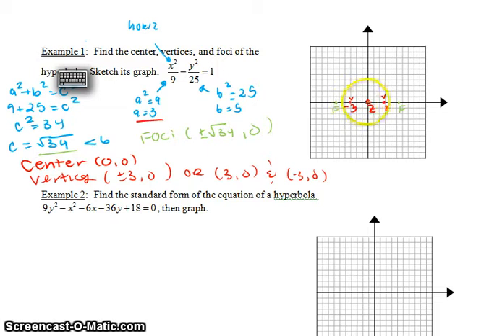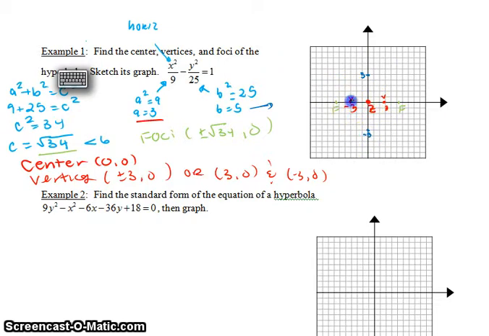So I'm going to go b units, which is 5 units up, 1, 2, 3, 4, 5, and then down 1, 2, 3, 4, 5 to minus 5.